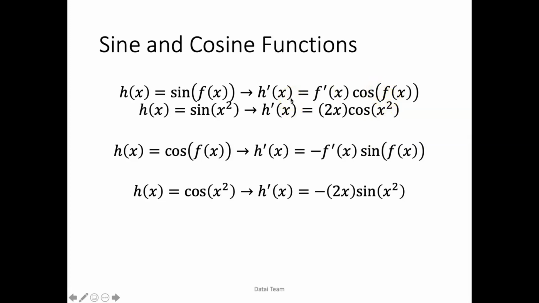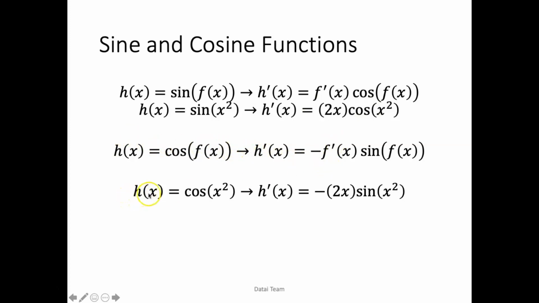And with cosine it's the same, cosine function becomes negative sine. Here sine becomes cosine, but here when we have cosine of f of x and take the derivative of it, we get the derivative of the function times sine f of x, but there's a minus sign here. So if we had sine x, for example, it would become cosine x, but if we had cosine x, it becomes negative sine x.